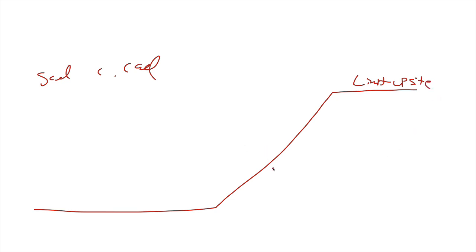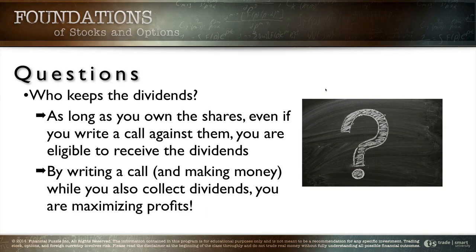The stock can only go down to 0, and your upside is your strike price. I teach all of this stuff here in my Options Made Simple program, the more advanced options program, but that kind of helps you out there.